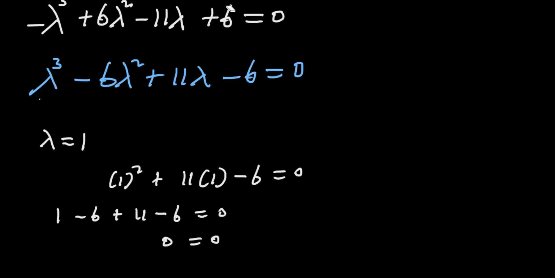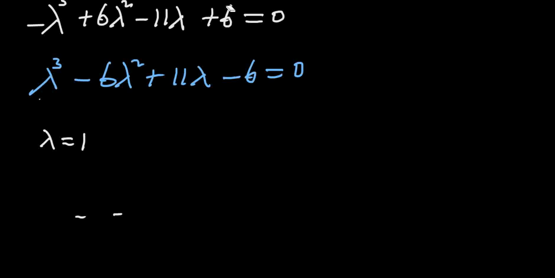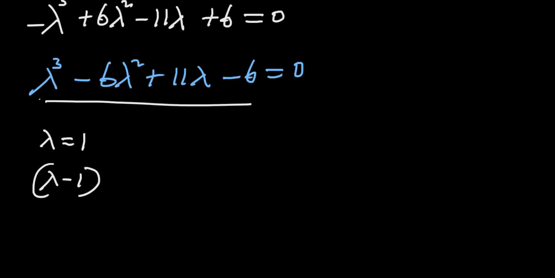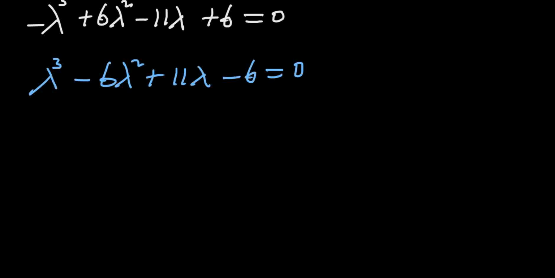So all we have to do now, let's just clean up the whole of this. We can now at this point subtract 1 from both sides, and lambda minus 1 is now a factor of this. To get the other factor, we use the long division method, since we already have a known factor, which is lambda minus 1.